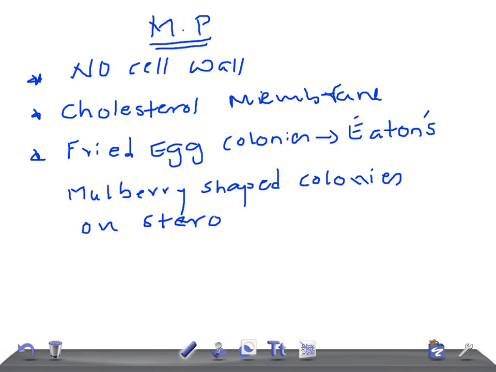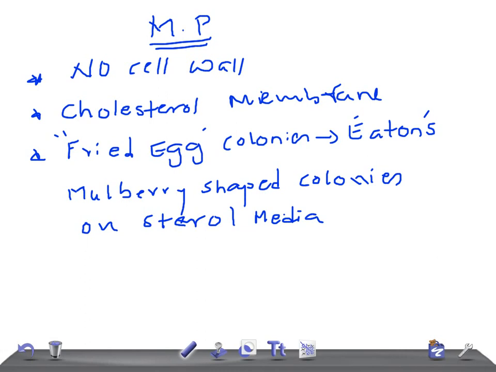As I said, because they contain cholesterol in their membrane, they require sterol or cholesterol for their growth. So Mycoplasma pneumoniae gives mulberry shaped colonies on sterol media, but other bacteria of this family give fried egg colonies on Eaton's media. Okay, so these are the important features of Mycoplasma pneumoniae.